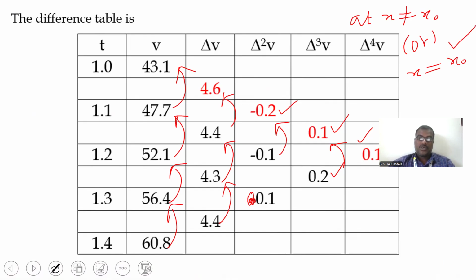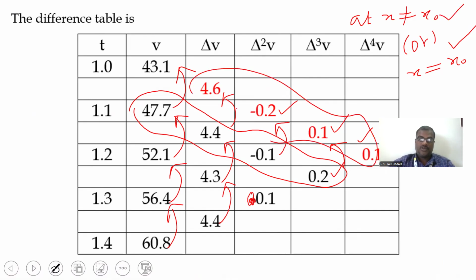When you use at x equal to x naught, you can take the very second value of the column. If you use the first column, you take the very first value of y, the red color values. Okay, so the choice is yours.